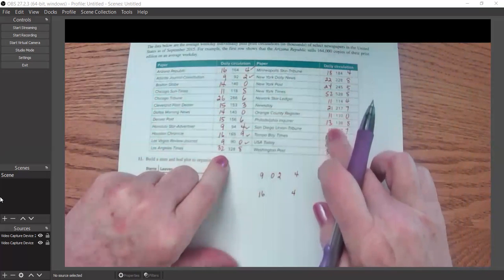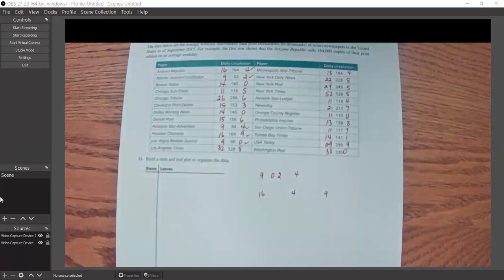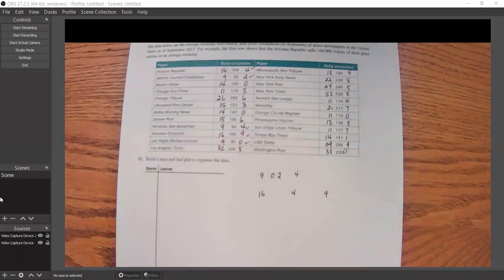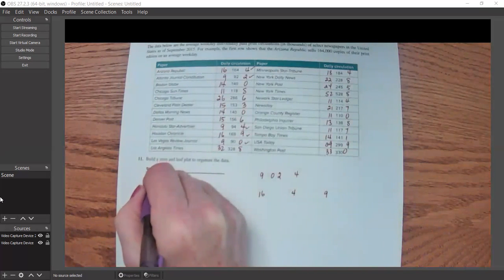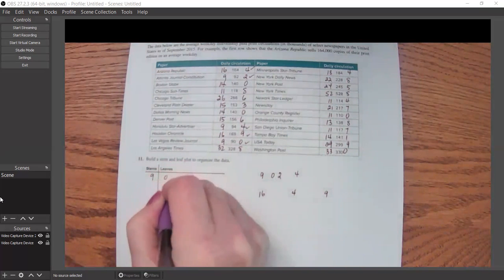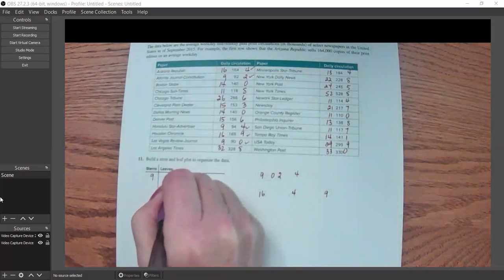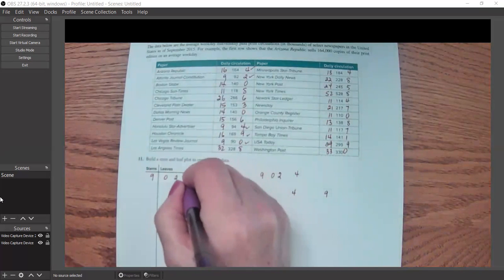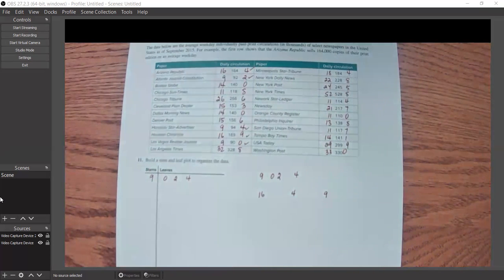And looking through, no other stems of 9. And 90 was my smallest number, so I know that 9 is my smallest stem. And we have a leaf of 0, a leaf of 2, and a leaf of 4. Try to leave some space so it doesn't look like 24.